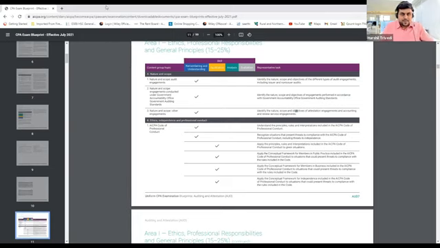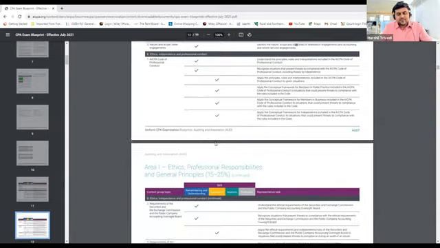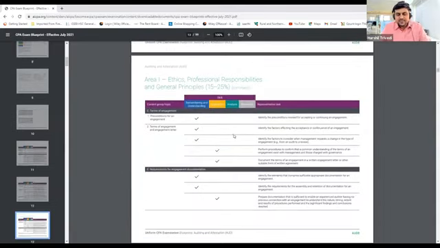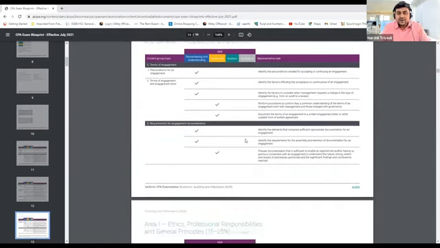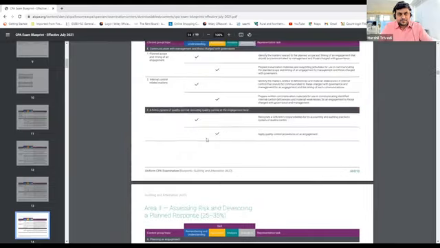Clear? This blueprint gives very detailed information about each and every area that they are going to ask in the particular time frame.